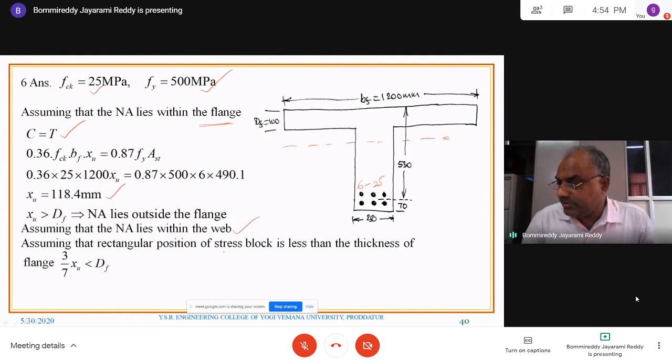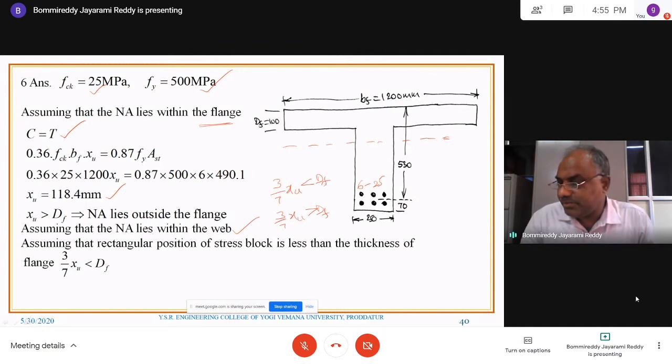So next, one more condition is there. What is that condition? 3/7 XU is less than DF. This is one case. Or 3/7 XU is more than DF, another case. These are the two different cases. What is 3/7 XU? Depth of the rectangular portion of the stress block.